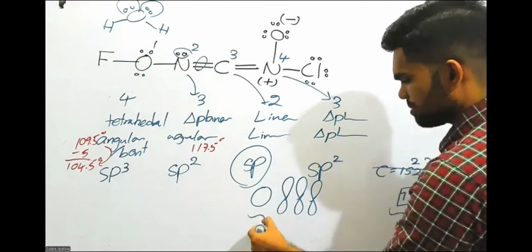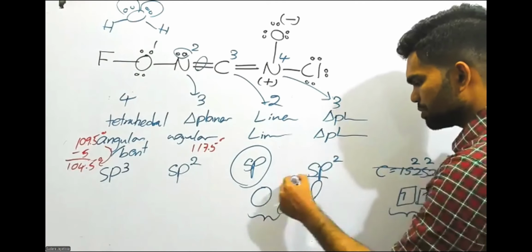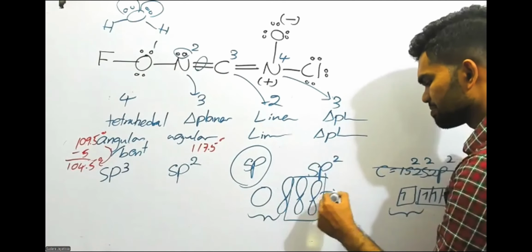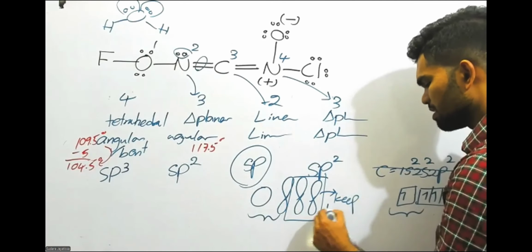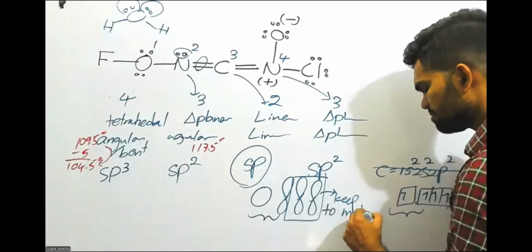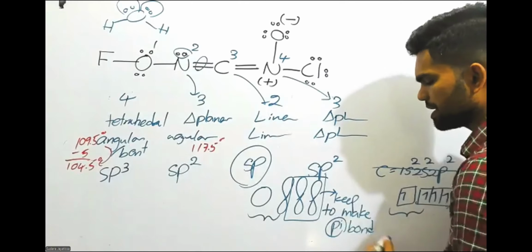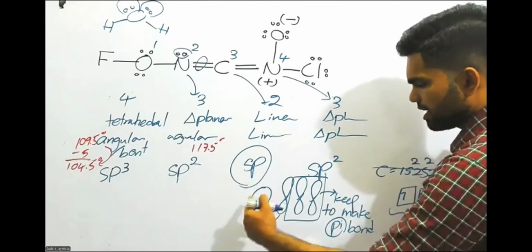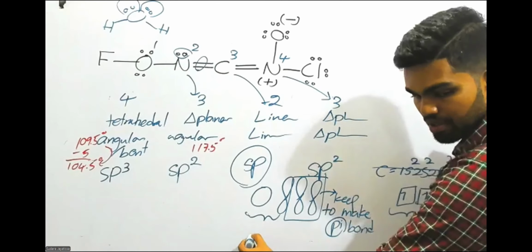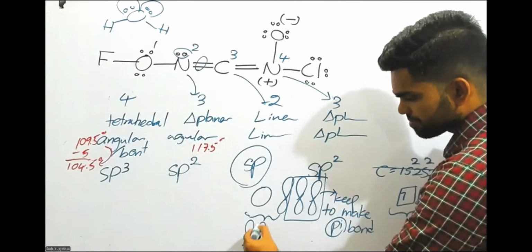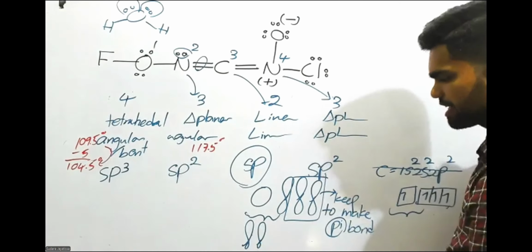So the other 2 p orbitals remain. They are kept to make pi bonds. And these 2 are hybridizing to give you 2 equal orbitals, sp orbitals.